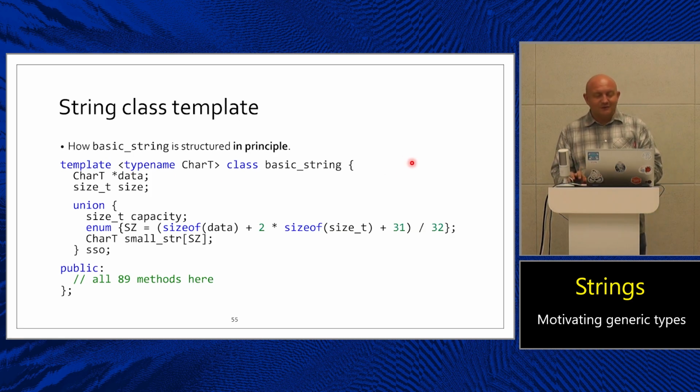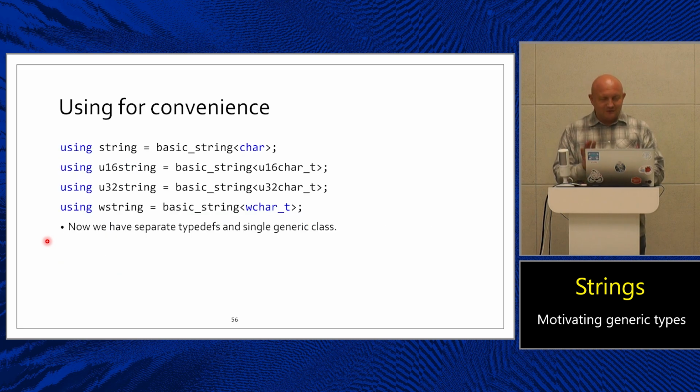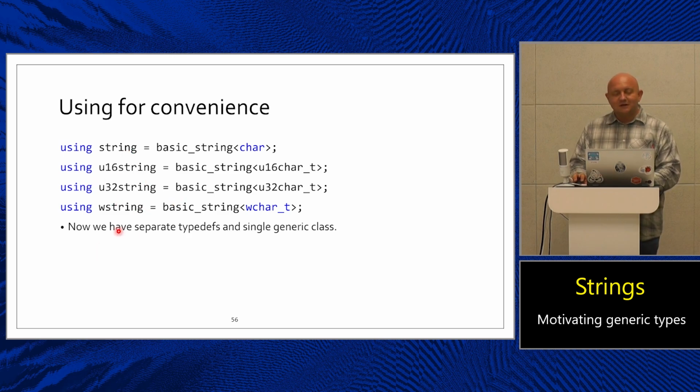Okay, so we want to make a template basic string from char T with the pointer, data, size, capacity, small string optimizations, and every good stuff like this. And for convenience, just for convenience, we want to define some aliases like string, u16string, u32string, wstring, and so on.